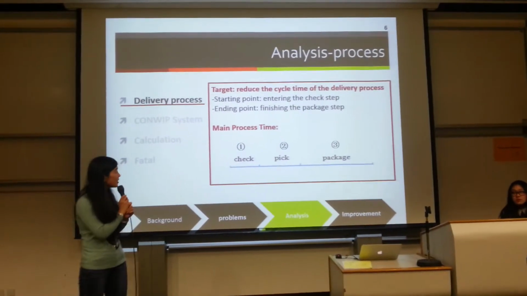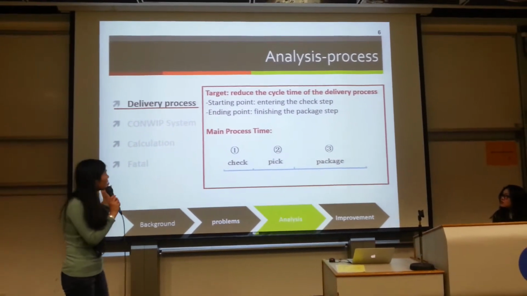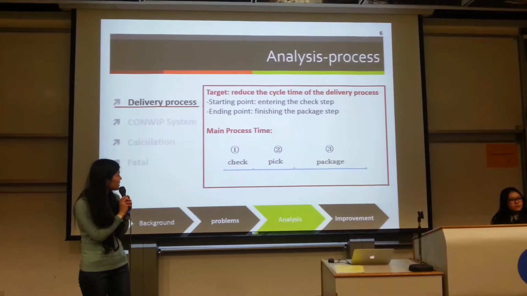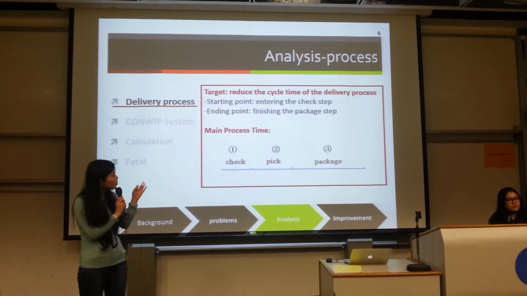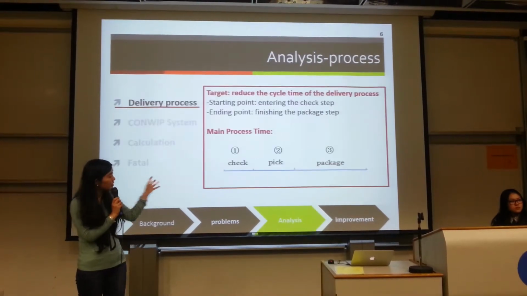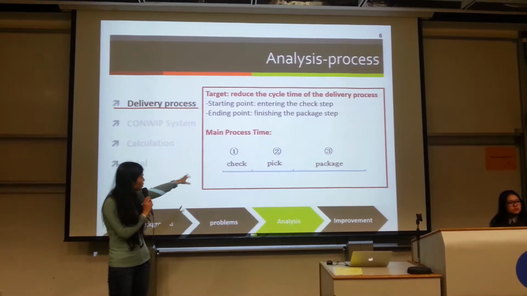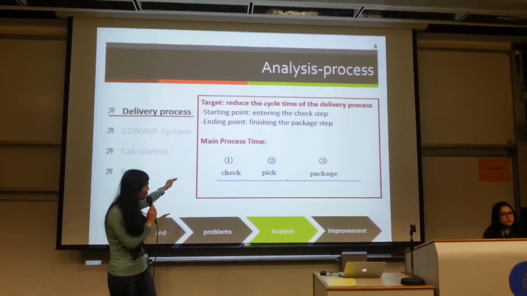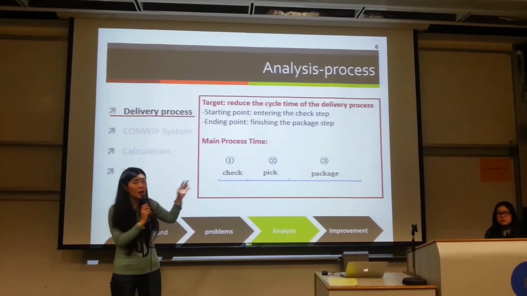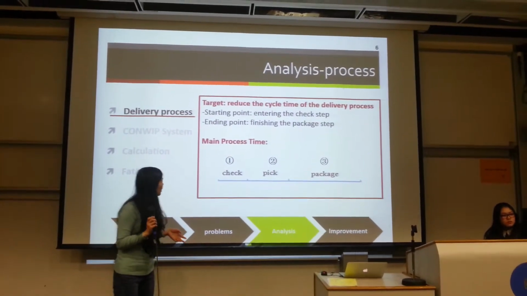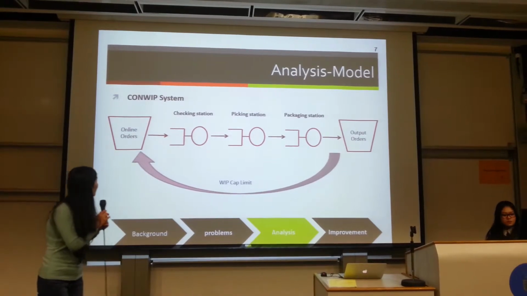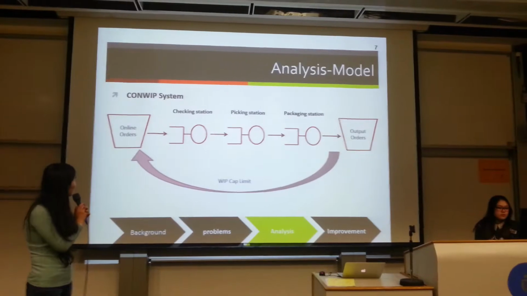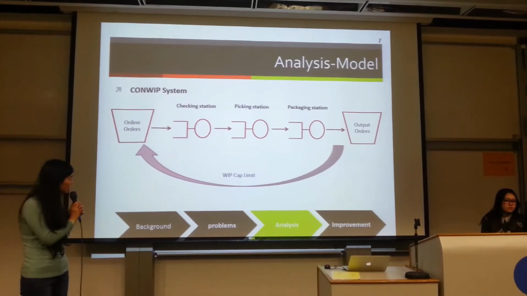Okay, thank you, Cassie. Our project focuses on reducing the cycle time of the delivery process. There are 3 stations in the delivery process: check, pick, and package. The orders go through the 3 stations and then are outputted. The system can be regarded as a CONWIP system.